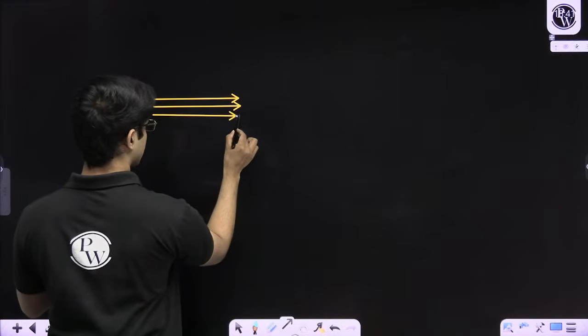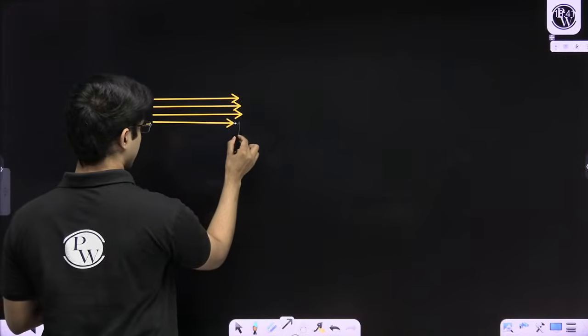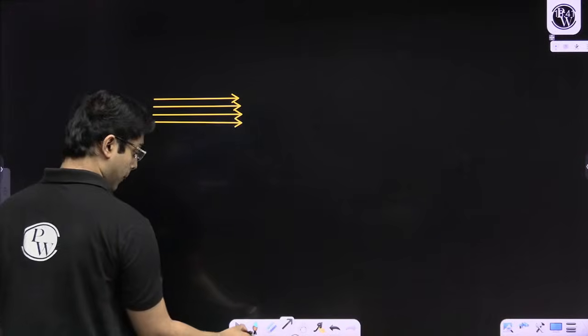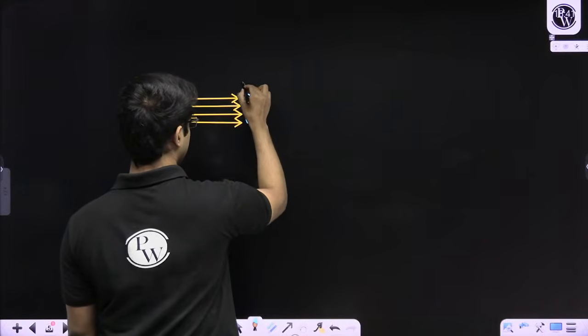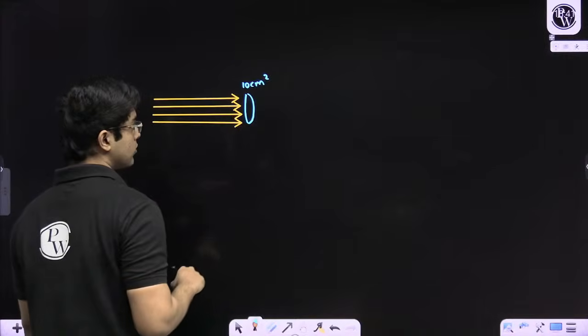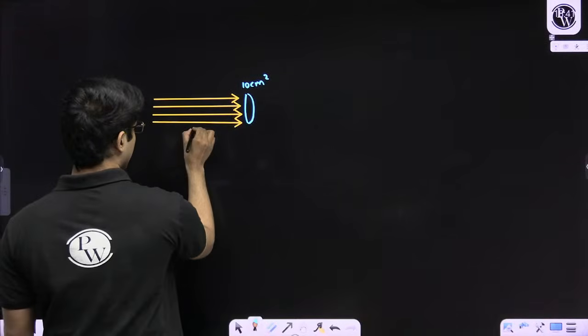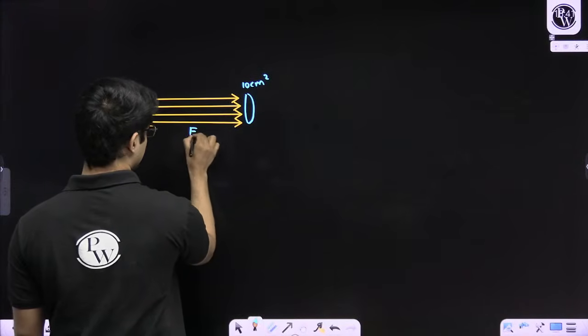So let's say I am drawing 4 field lines, and this is a 10 centimeter square area. So 4 field lines are cutting through this area, and let's say this is some electric field E.